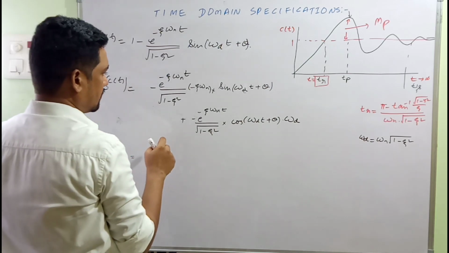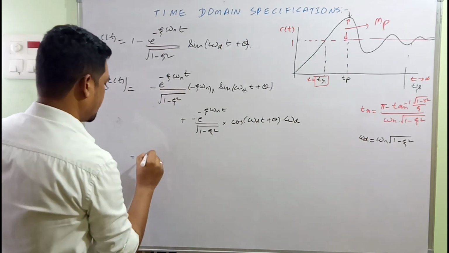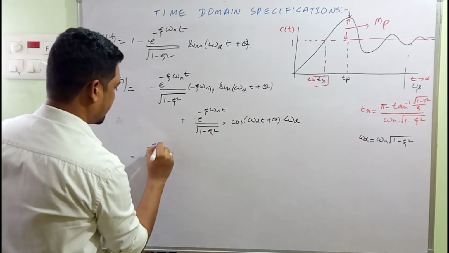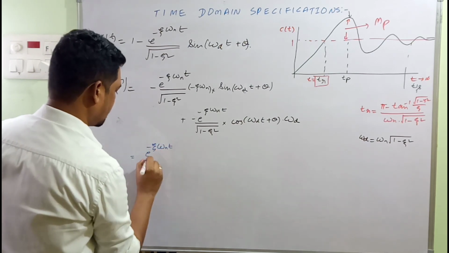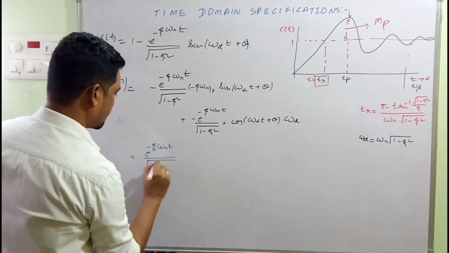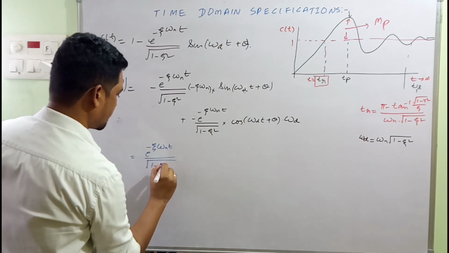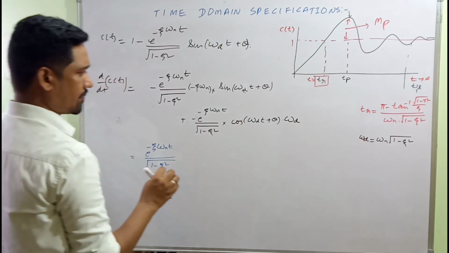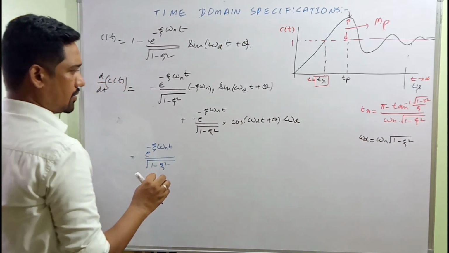So in that case, this and this become positive, and taking out e raised to minus zeta omega n t upon under root 1 minus zeta square as common, something else also can be taken out.